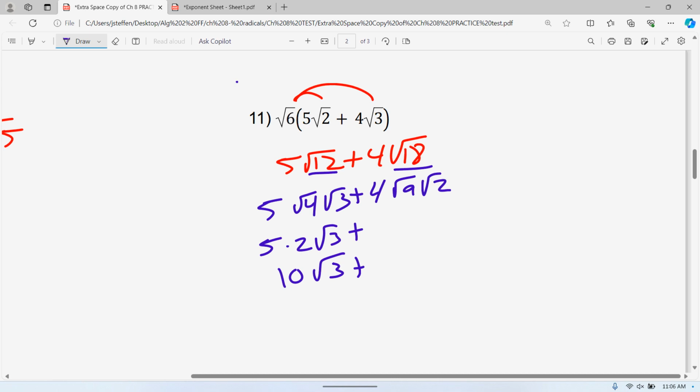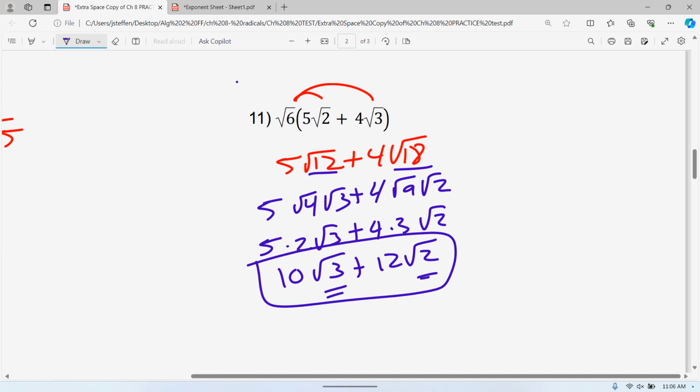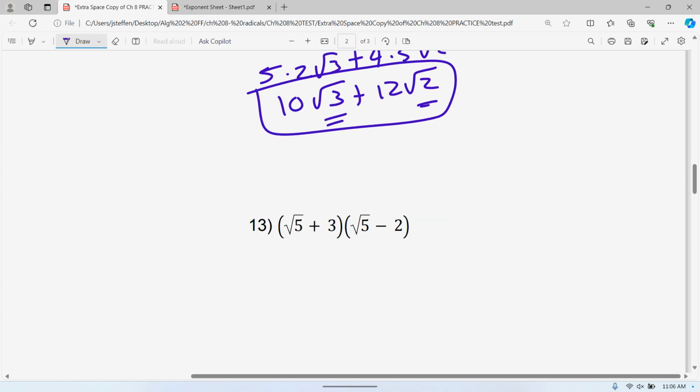Times 2, so that's 4 times 3 root 2, which is 12 root 2. Unfortunately here, you cannot combine those. One is a root 3, one is a root 2, so that is your answer.